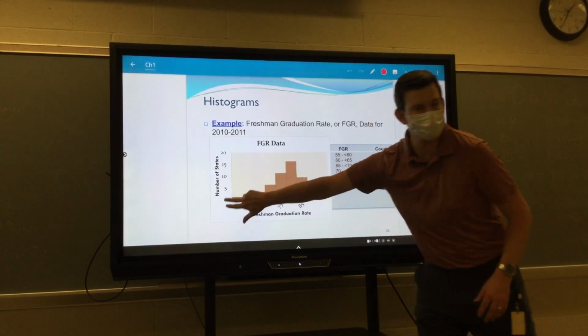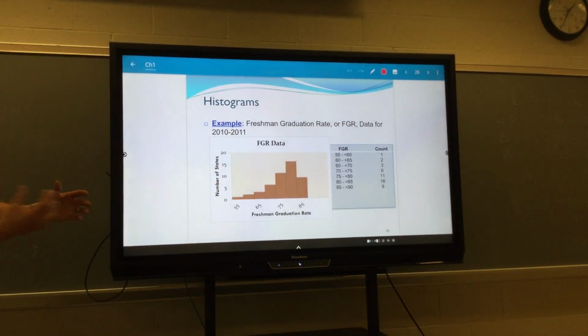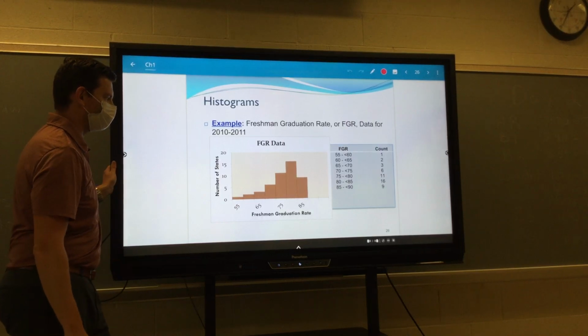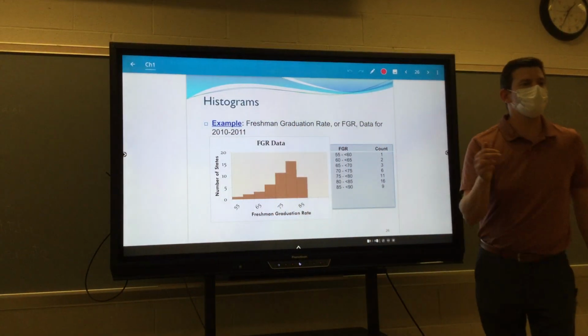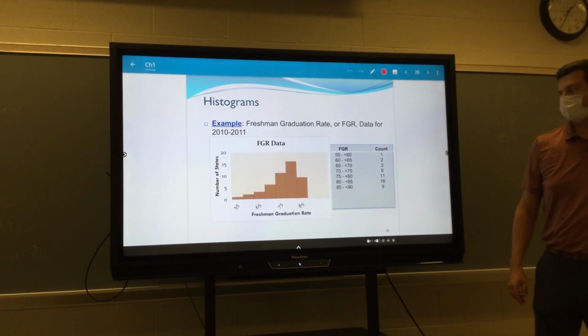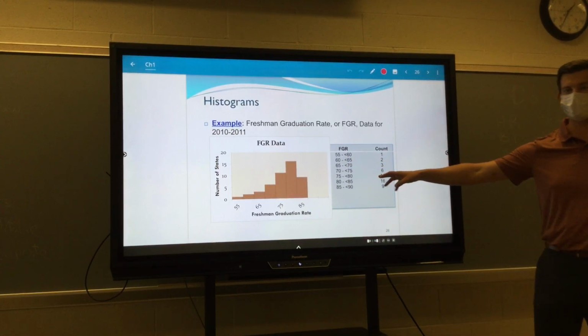These are actually states, so you're looking at the individuals within the states. The individuals are the number of states that fit into those categories. So there was one state that had a freshman graduation rate between 55 and 60%. Okay? 60 to 65, 65 to 70.